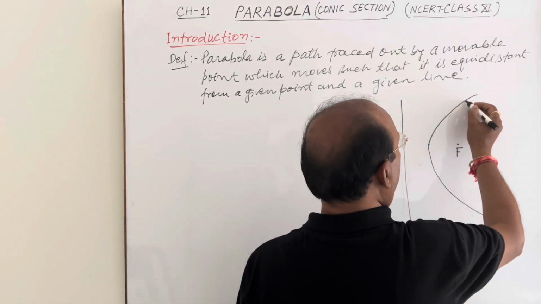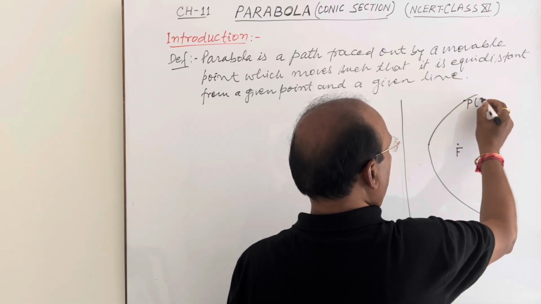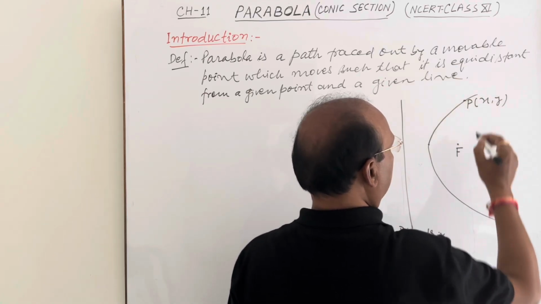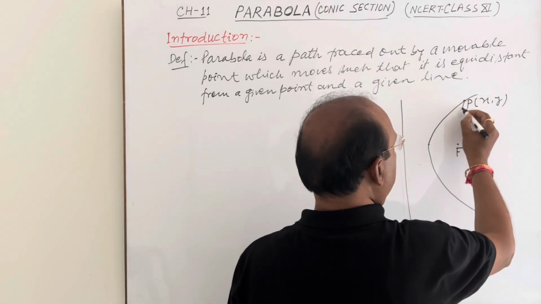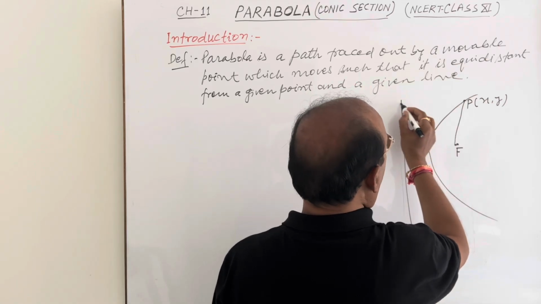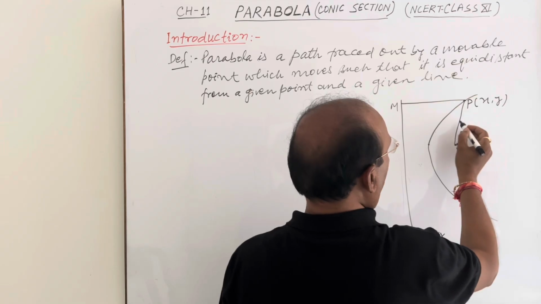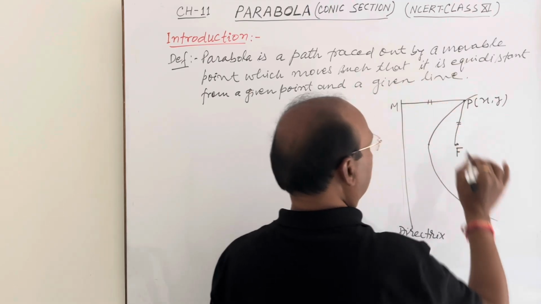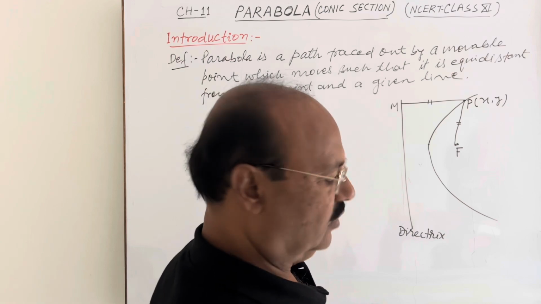And P is here any point on the parabola having general coordinates x, y. It means this distance PF is equal to this perpendicular distance PM. These two distances are equal as per the definition of the parabola.